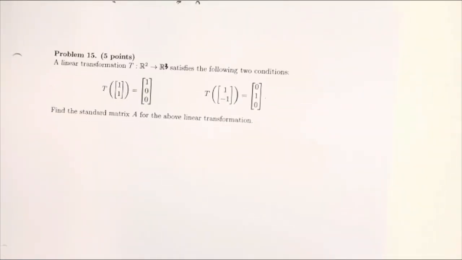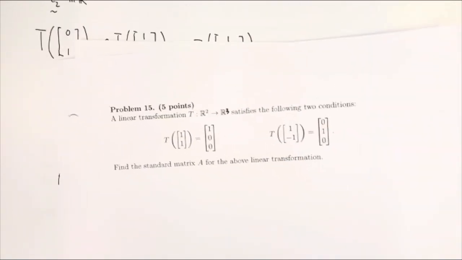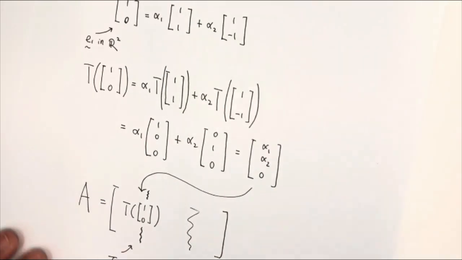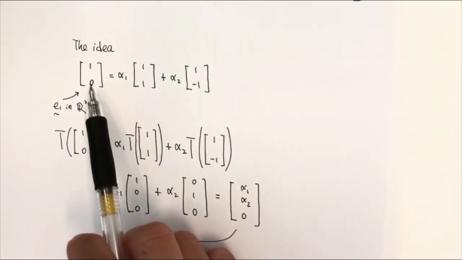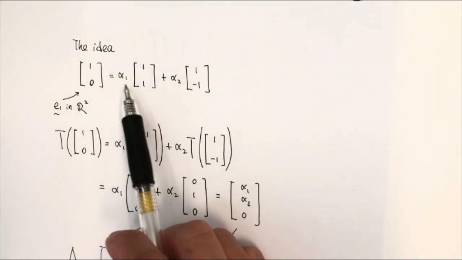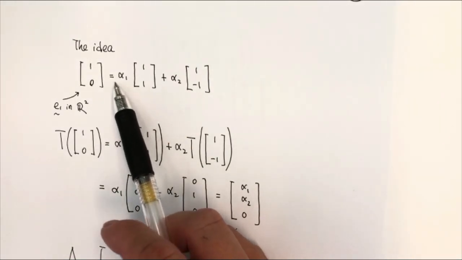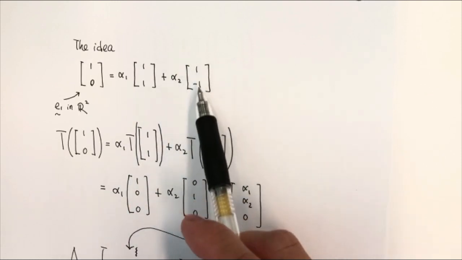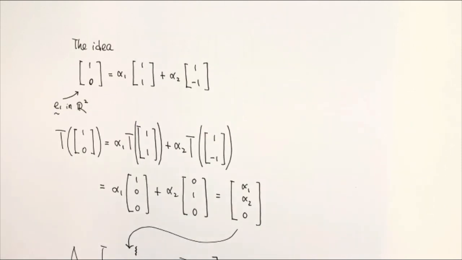So in order to find out what TE1 and TE2 are, one thing we can do is write E1 as a linear combination of the two vectors that are given. We write E1, which is (1, 0), equal to alpha 1 times (1, 1) plus alpha 2 times (1, -1), where alpha 1 and alpha 2 are real numbers we have to figure out.